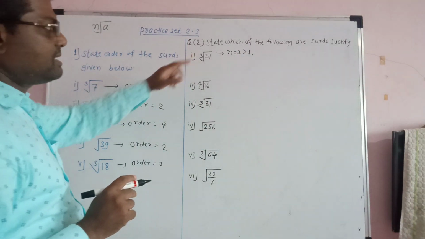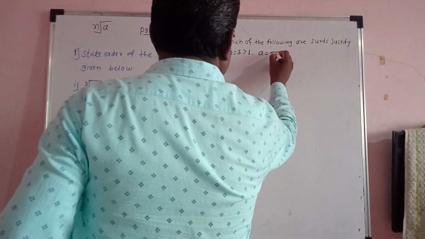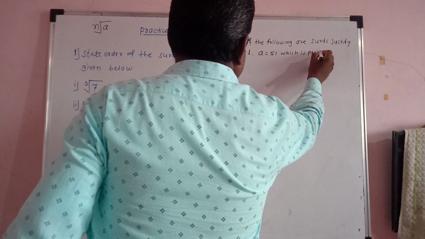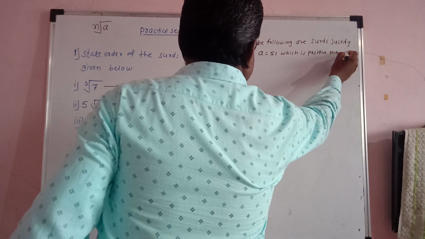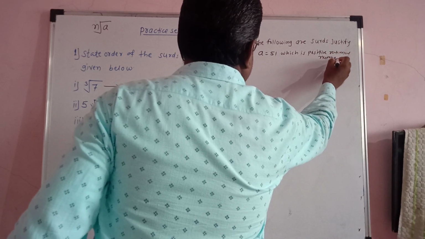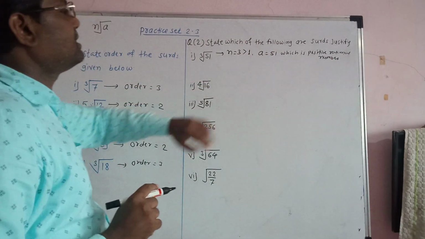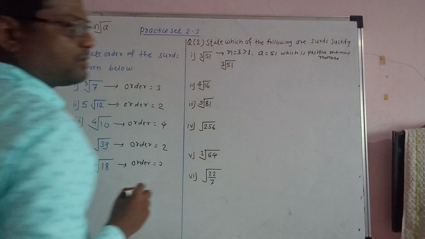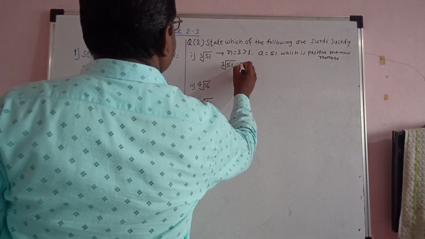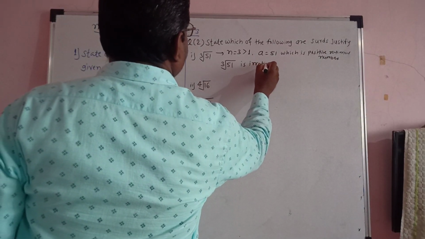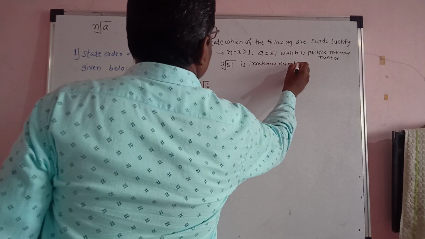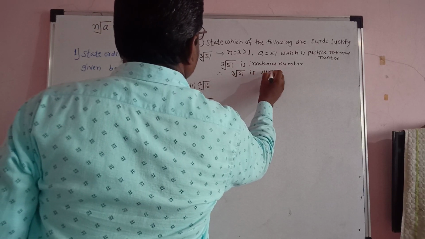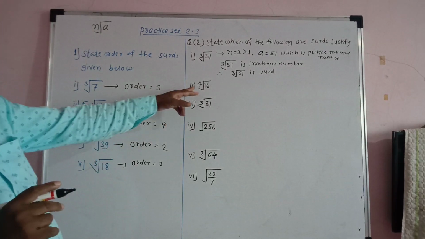A is equal to 51, which is a positive rational number, and we can't find the cube root of 51, therefore cube root of 51 is an irrational number. Therefore cube root of 51 is a surd.